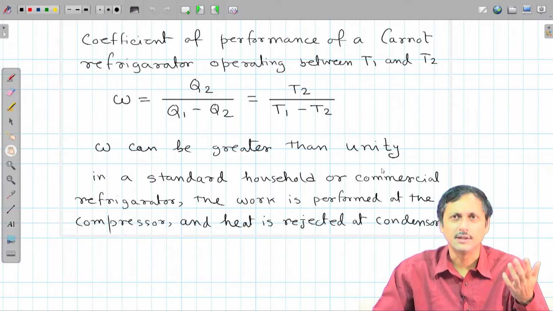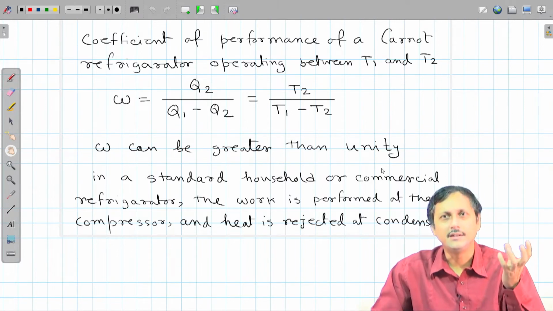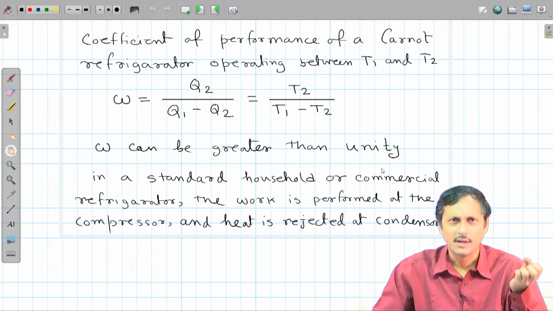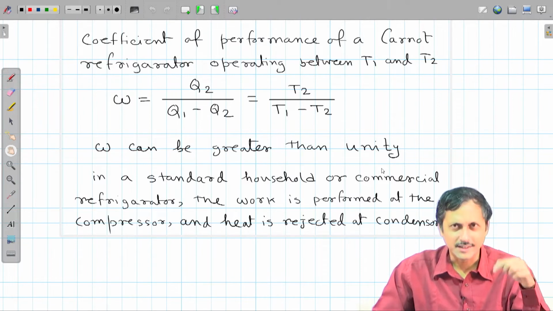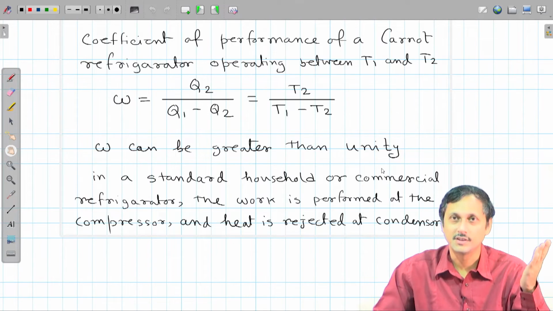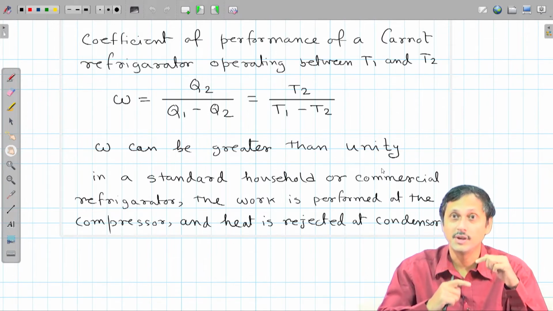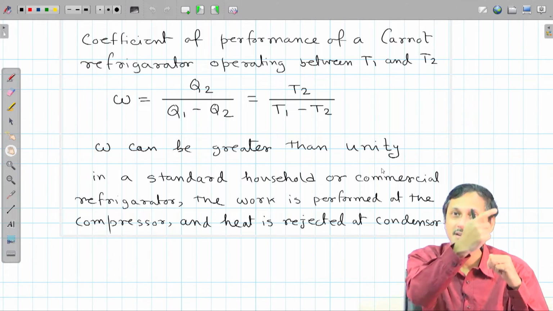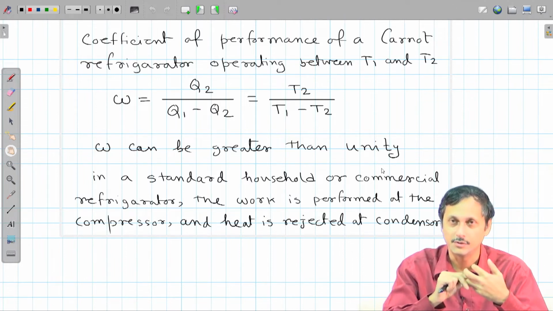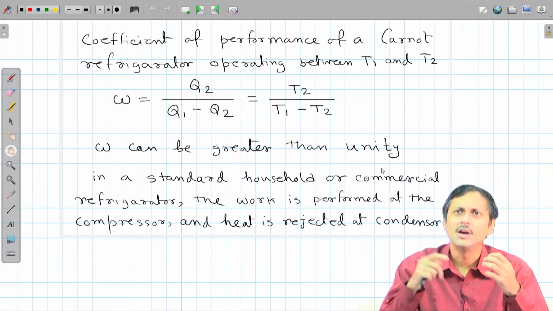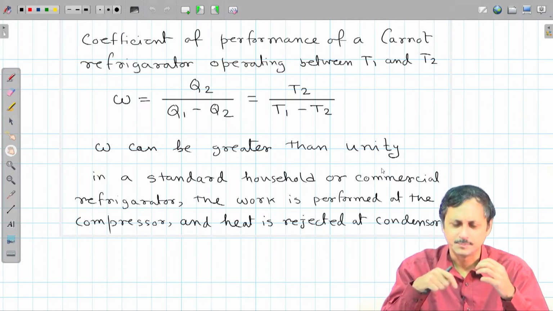In a Carnot engine, heat is absorbed from the hot reservoir at Q1 and rejected at the cold reservoir at Q2. Here it has to be opposite: heat has to be absorbed from the cold reservoir and rejected to the hot reservoir, and work has to be done on the system. Okay.